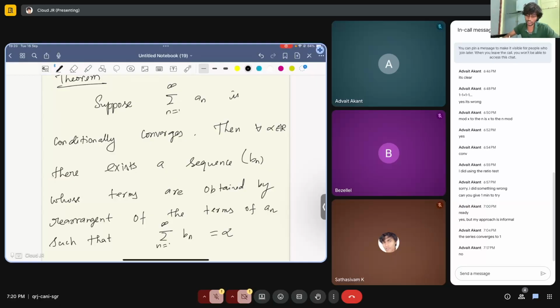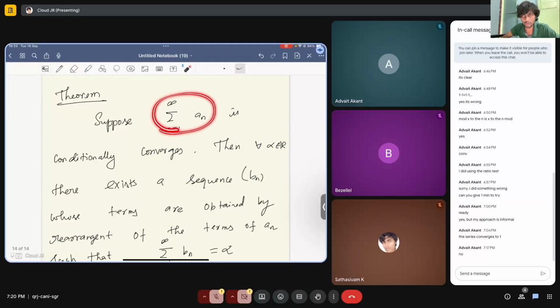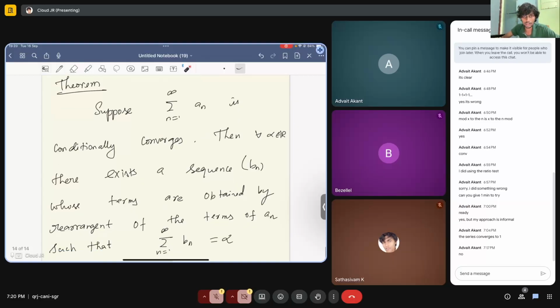So what it tells you is suppose your series is conditionally convergent, so it's not absolutely convergent. Then for any alpha, basically the question is: if a series is convergent, can I change the terms and it still converges to the same limit?